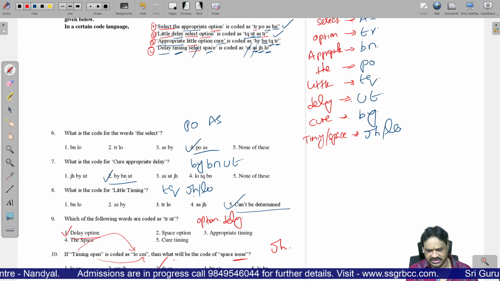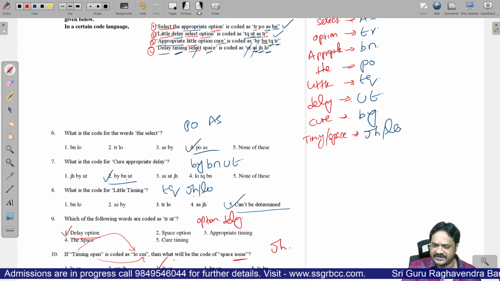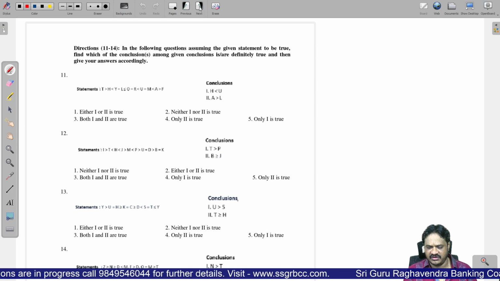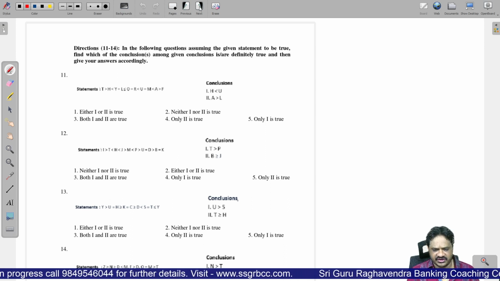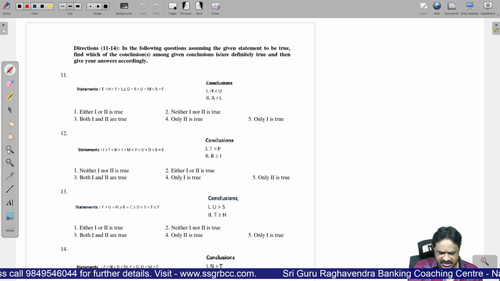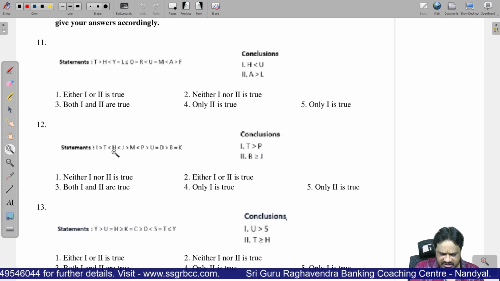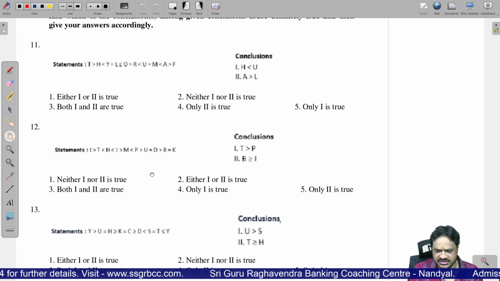Now let us see the next question, that is 11 to 14. Here we have greater than and lesser than symbols. Let us answer the questions based on that. See the first one.